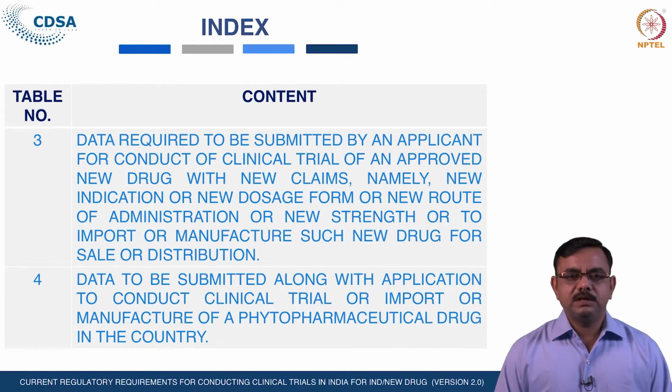So let us see the first part. Here the applicant is required to give a brief description or summary of the phytopharmaceutical drug for which he has applied. Then the published literature, if any is available, has to be provided with the application.